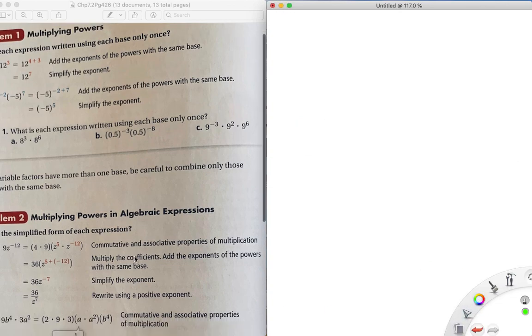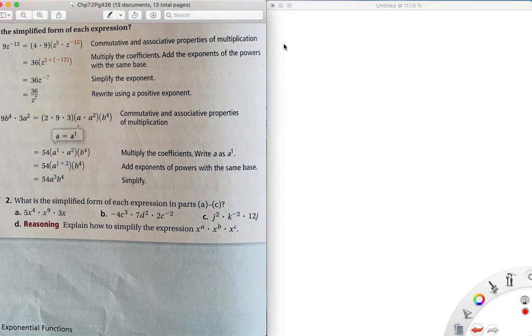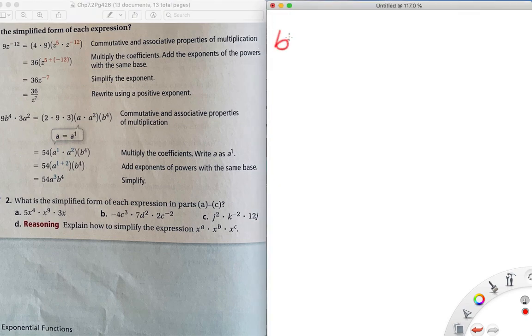Okay. Multiplying bases of algebraic expressions. So I'm just going to do B for this one as an example. We went through the first ones earlier today. B says negative 4 c cubed times 7 d squared times 2 c to the negative 2.